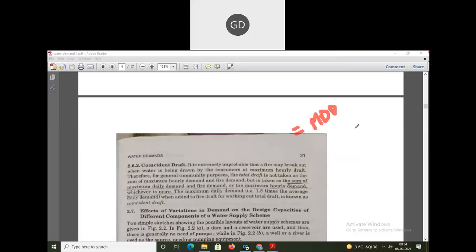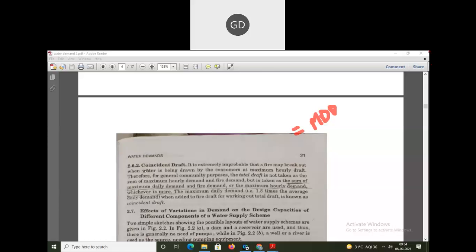Maximum daily demand is in short written as MDD, and maximum hourly demand is in short written as MHD. So if somebody writes MDD, you should understand they are talking about maximum daily demand.